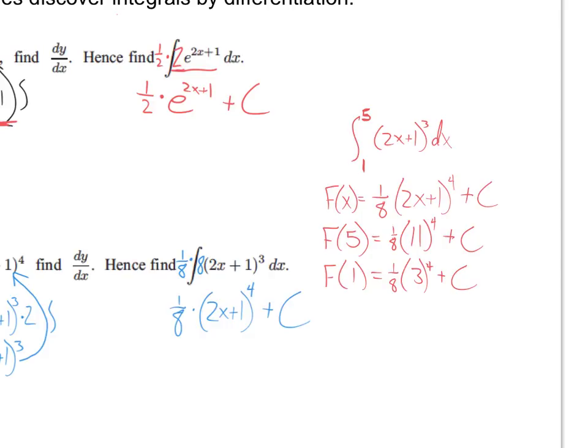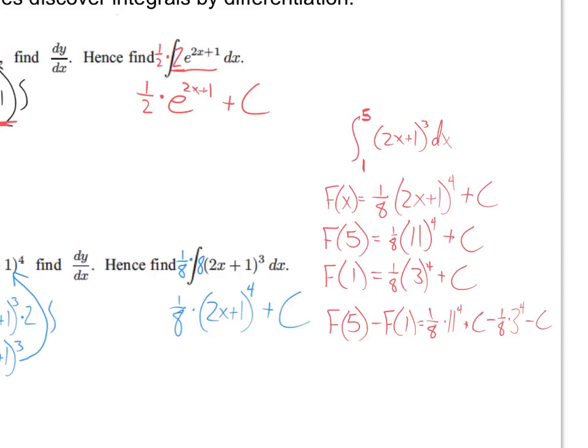So notice here, when I do F of 5 minus F of 1, what happens? The c's are going to cancel out. I'm going to have 1/8 times 11 to the 4th plus c, minus 1/8 times 3 to the 4th plus c.